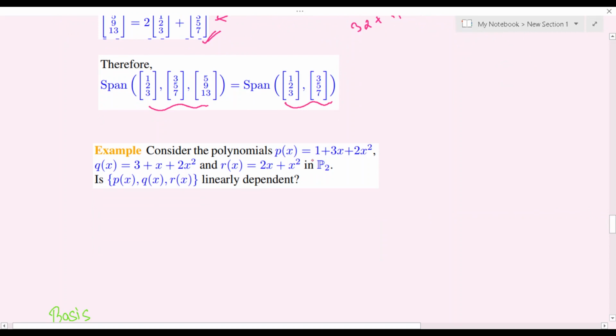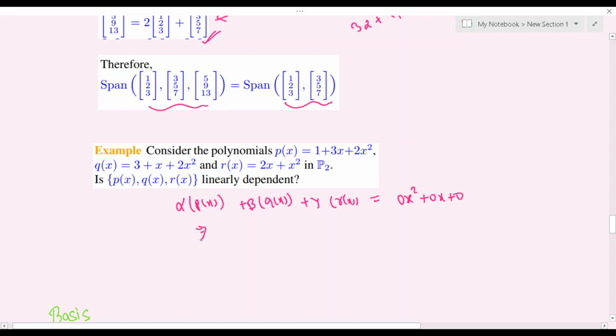Let me show you with this example, to check whether these three polynomials are linearly independent or dependent. Again, we take alpha times p(x) plus beta times q(x) plus gamma times r(x), and equate it with the zero polynomial, that is 0x squared plus 0x plus 0.